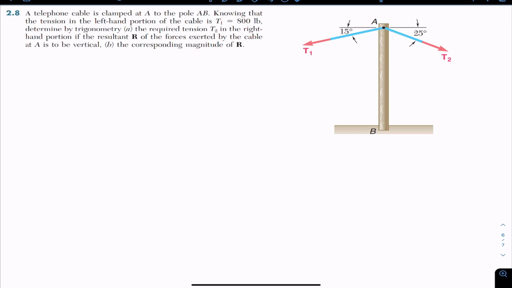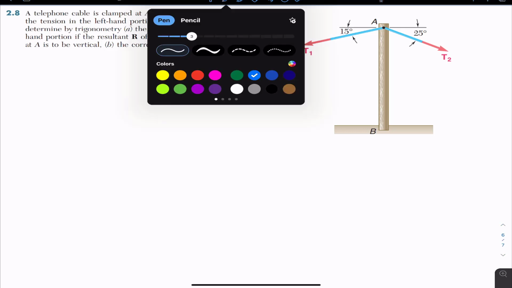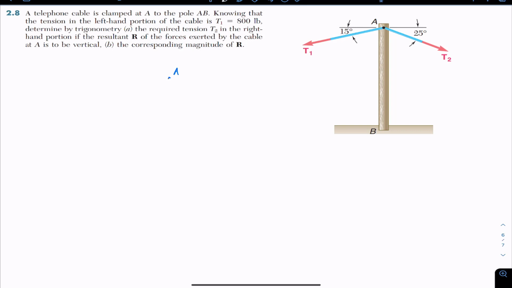So now we have to draw a free body diagram. Let's say that somewhere here is my point A, and this is my T1, which is given to be acting at 15 degrees with the horizontal.